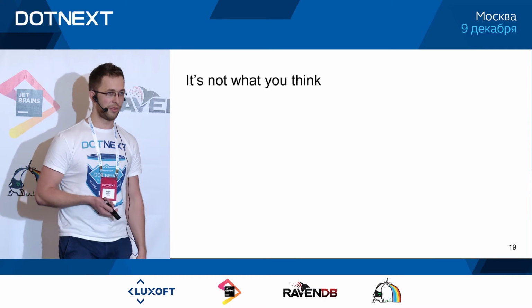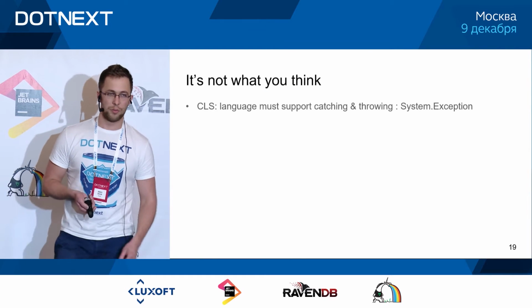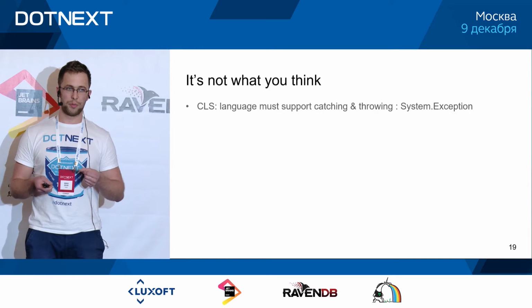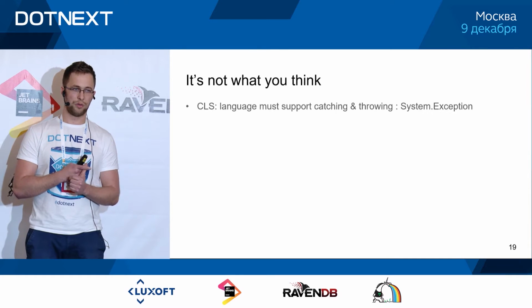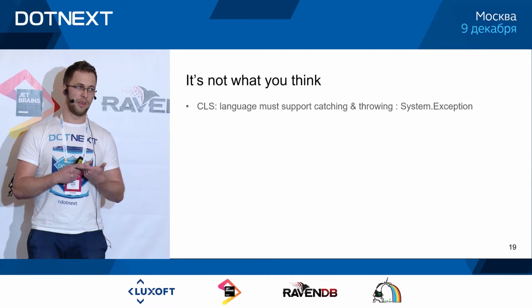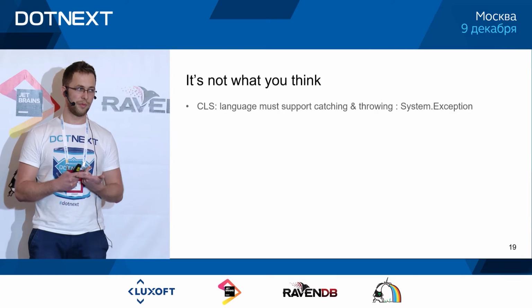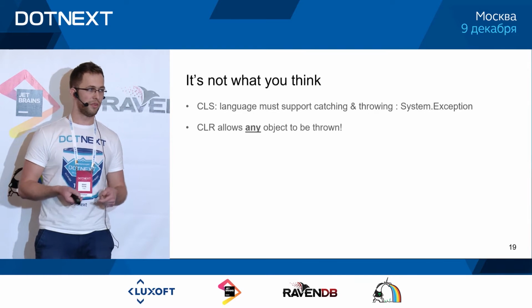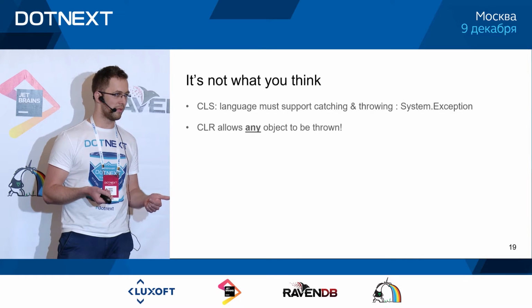The next exceptional exception. We have the Common Language Specification that says any language that wants to be compatible needs to give us a way to catch and throw exceptions that derive from System.Exception. But we got managed C++, which is supposed to be compatible with C++.